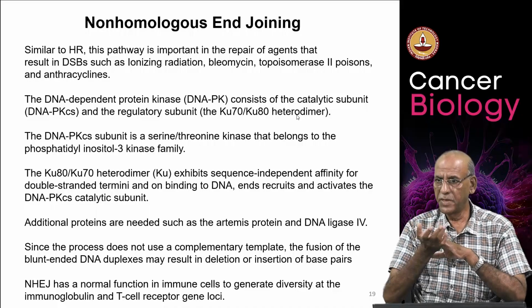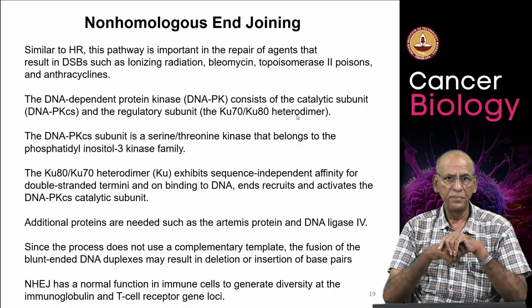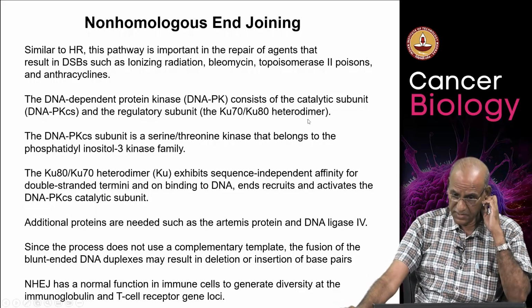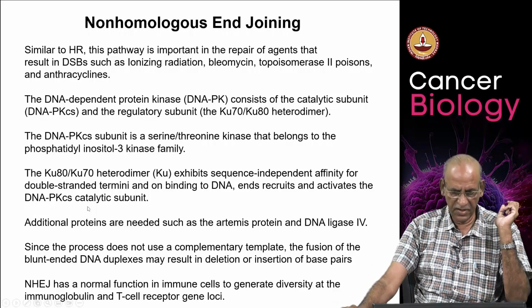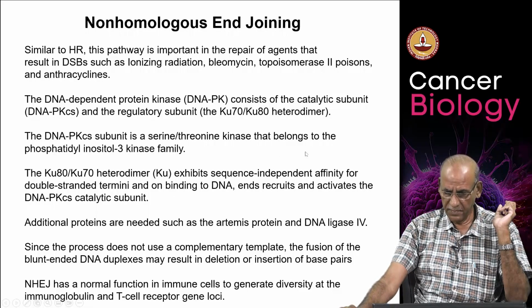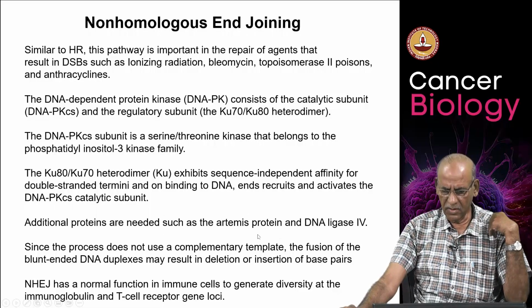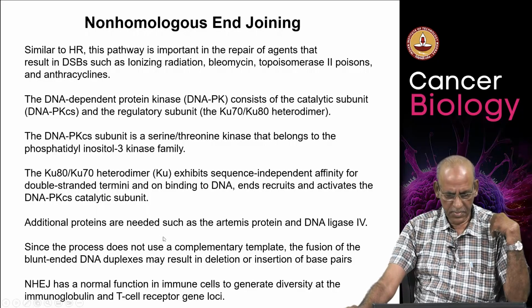So, it belongs to the PI3 kinase family. What it does is it exhibits sequence independent affinity for double stranded termini and on binding to DNA it activates the catalytic subunit. Additional proteins are also needed such as the Artemis protein, DNA ligase 4 and so on.